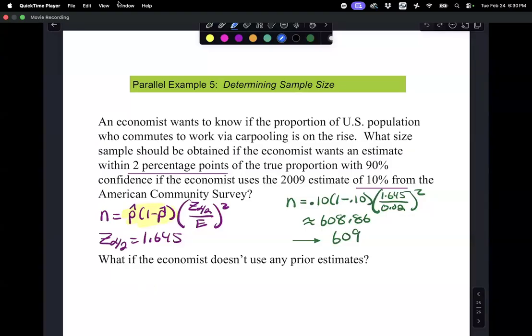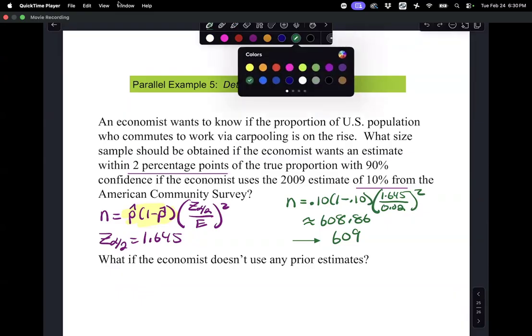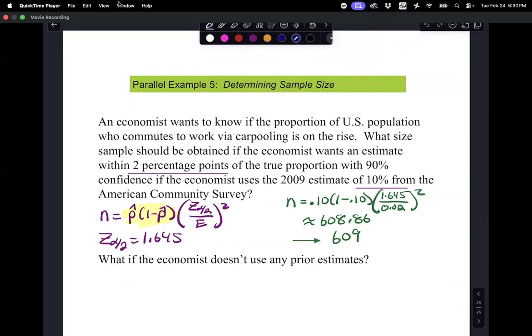So go ahead. I'll work quietly behind you. You're going to be shocked at how much bigger the number is.